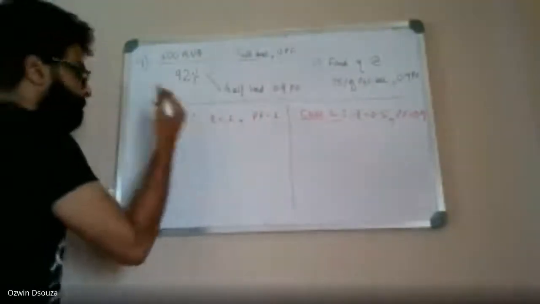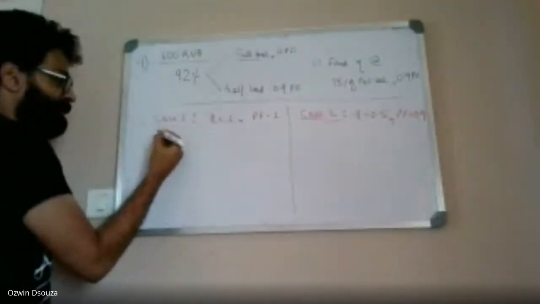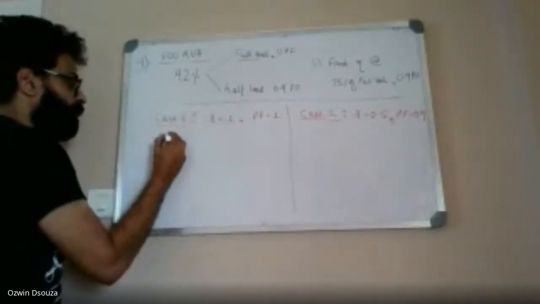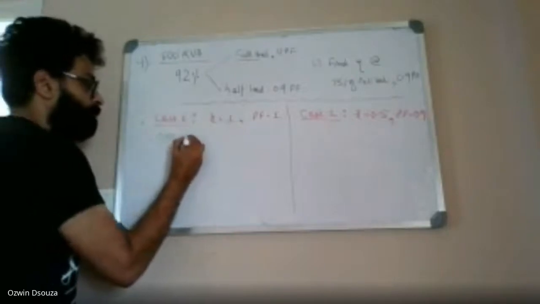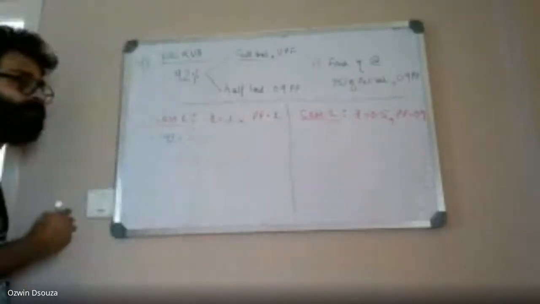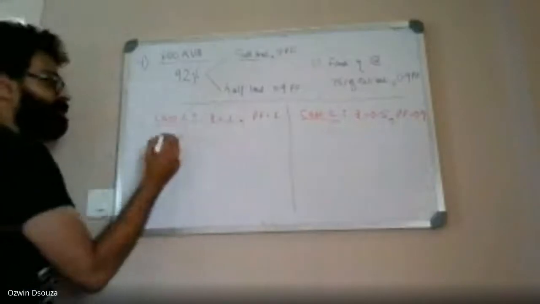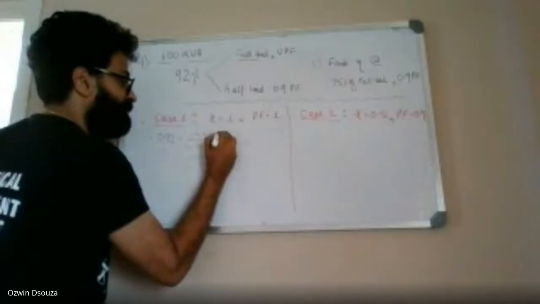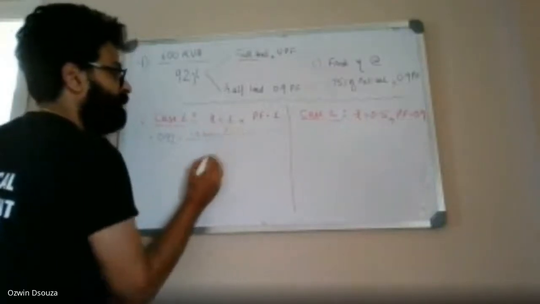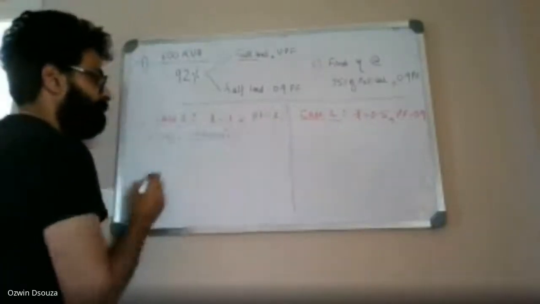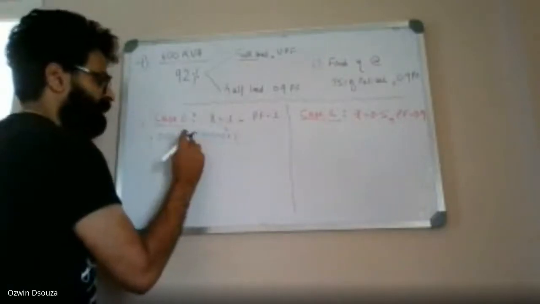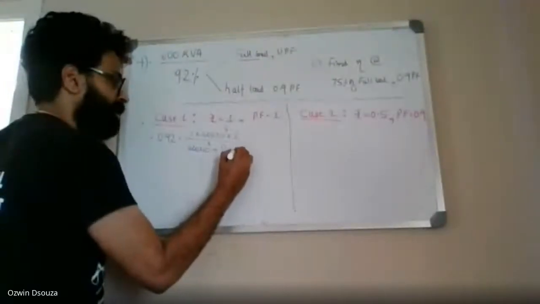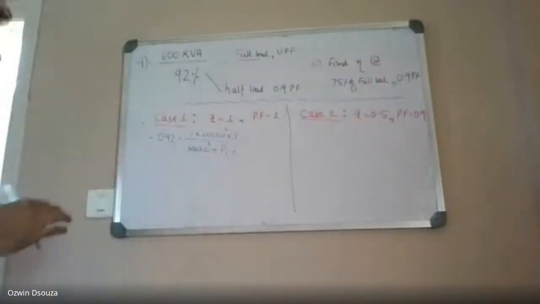So I'll not write the efficiency relation, I'll directly solve because I've already written. So efficiency is 92%, so 0.92 is equal to x S_FL cos phi 1, into S_FL is 600 into 10 to the power 3, into cos phi is also 1, divided by 600 into 10 to the power 3 plus iron loss plus x square times copper loss.